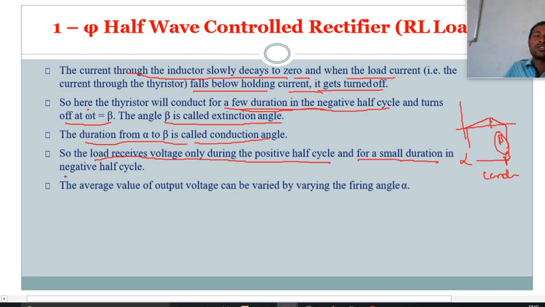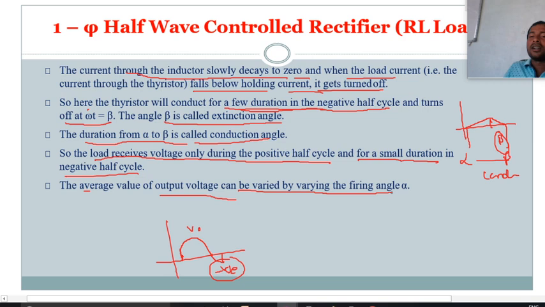The average value of output voltage can be varied by varying the firing angle. We know already that by varying the firing angle, the average output will vary. The formula for the output voltage is Vm by 2 pi, times cos alpha minus cos beta. By varying alpha, the output voltage also varies.